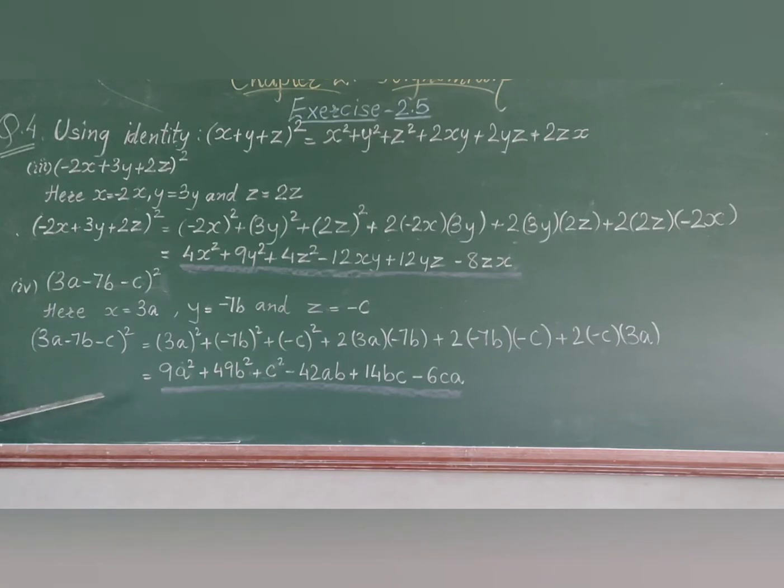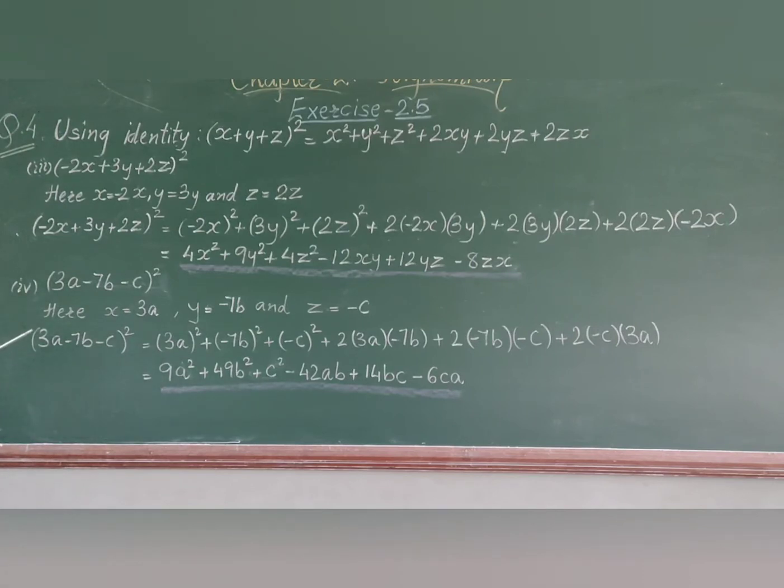We will get equal to 9a square, because square of 3 is 9 and square of a is a square, that is 9a square. Again plus square of minus 7 is 49 and square of b is b square, so plus 49b square. Again plus square of minus c is c square.